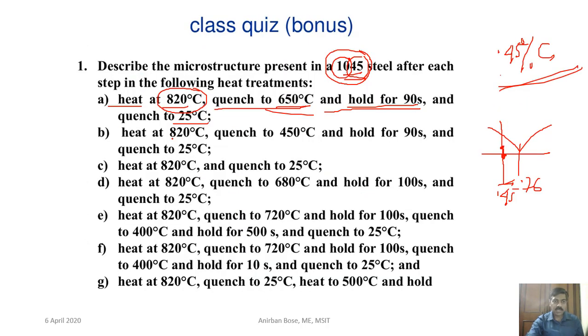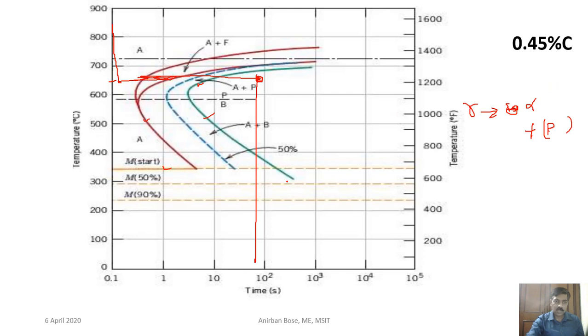Similarly, at 820, the second problem we can do: quench to 450 degrees, hold for 90 seconds, quench to 20. So 450, then hold for 90 seconds and quench to 20. That means it is 100% bainite.